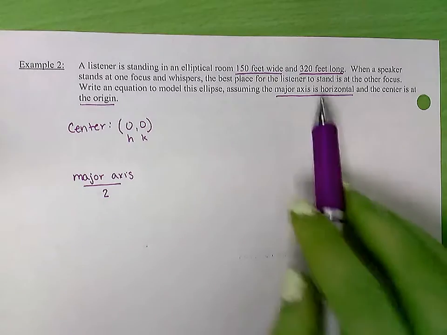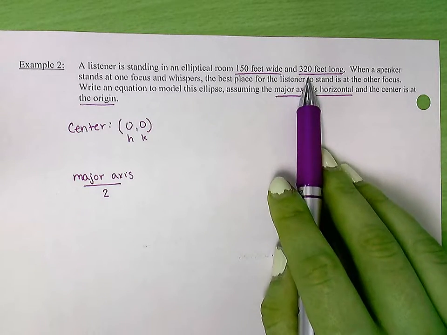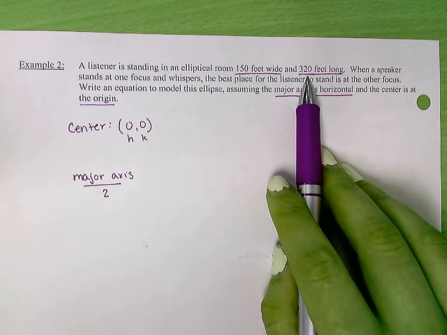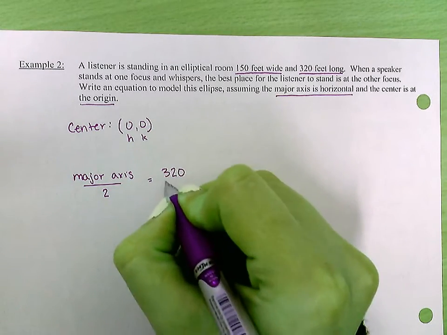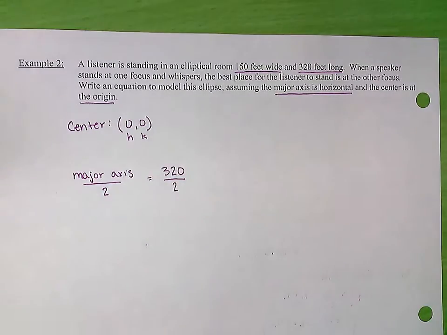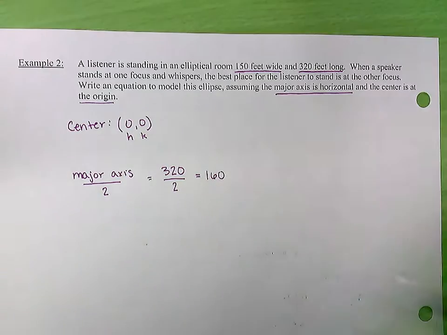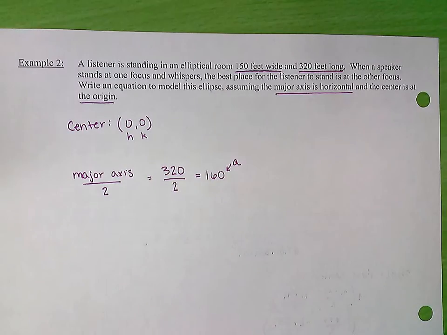Your major axis is going to be your longest line. So this 320 feet is your major axis. We're going to divide that by 2. That is your A value.